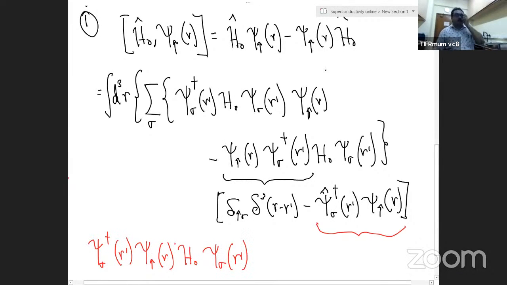Now you see one thing, this H naught operates only on R prime. It does not operate on R. So therefore this H naught is actually del square, which is operating on R prime. So therefore I can interchange H naught and psi R. I cannot interchange H naught with any psi R prime. So therefore I can interchange these two.